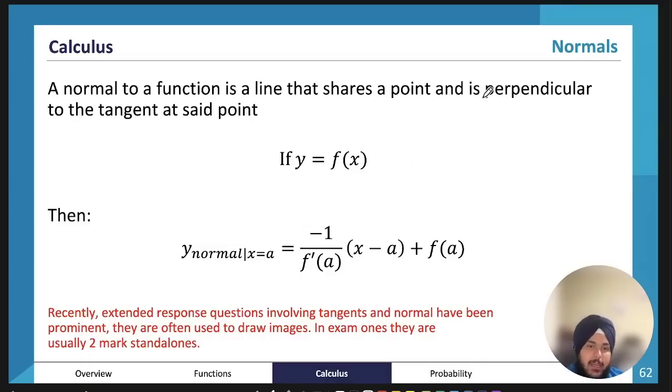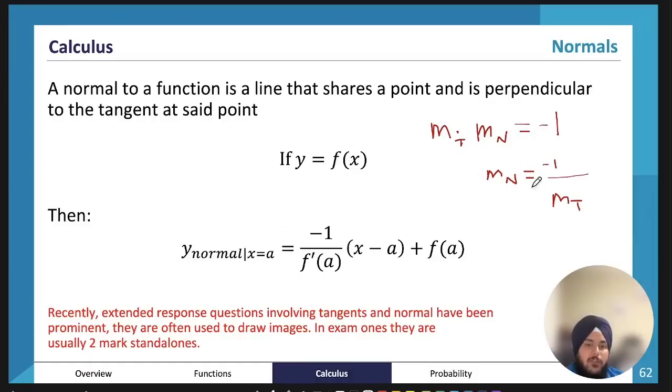So the gradient now is going to be the perpendicular gradient, and the way that we determine the perpendicular gradient is by using this formula: the gradient of the tangent multiplied by the gradient of the normal is equal to -1. So essentially the gradient of the normal is just going to be the negative reciprocal of the gradient of the tangent, effectively.